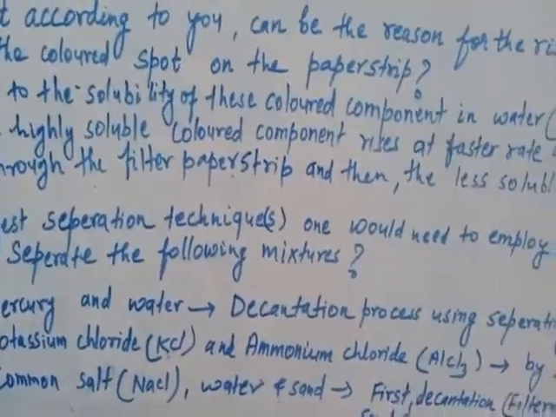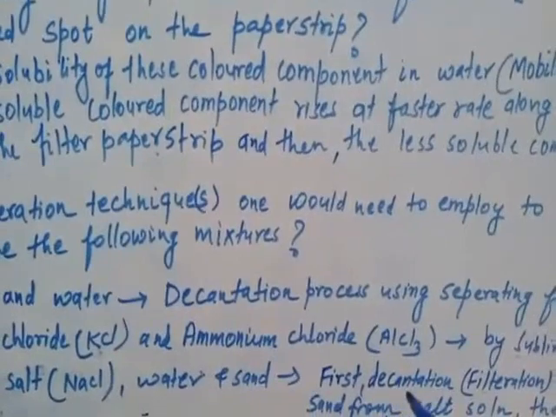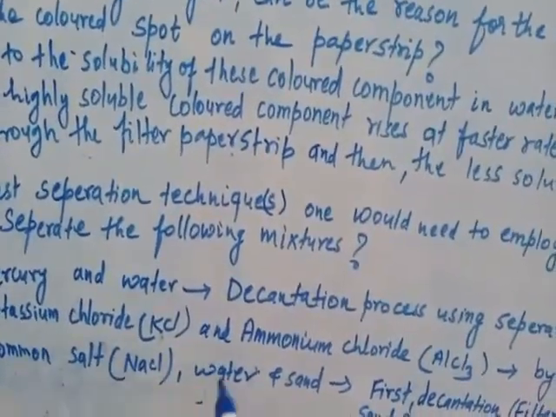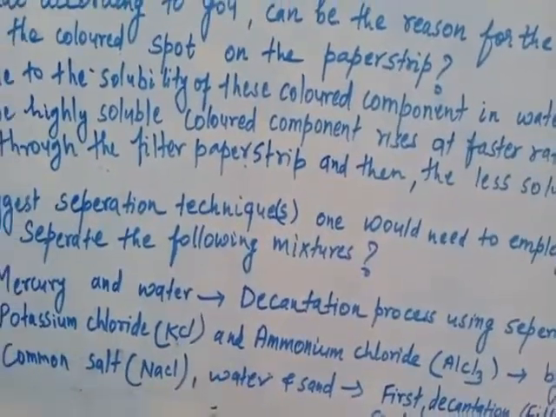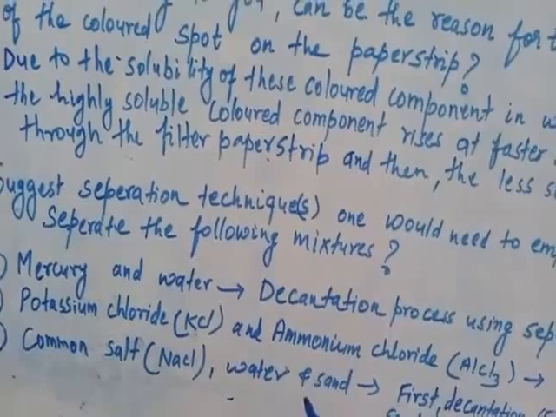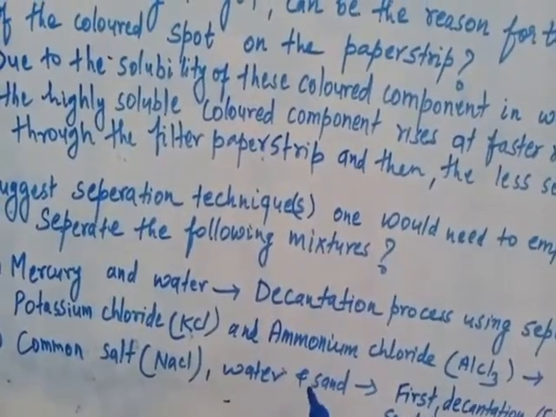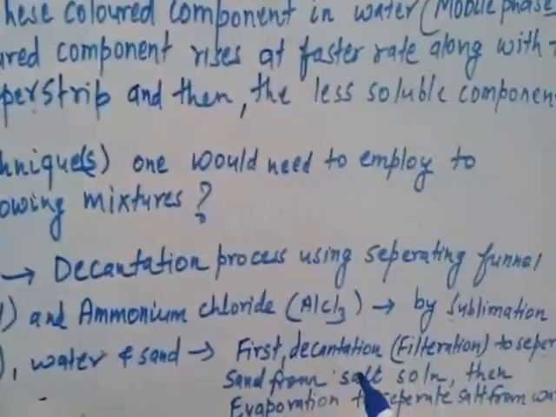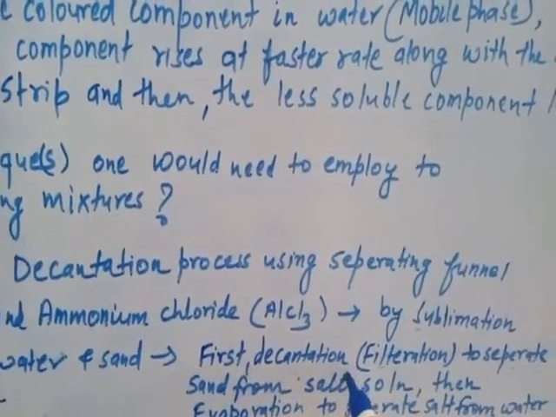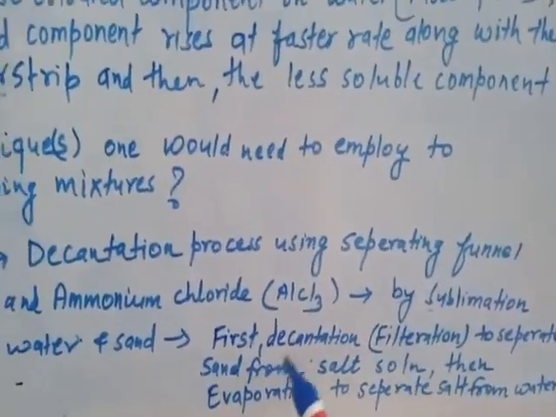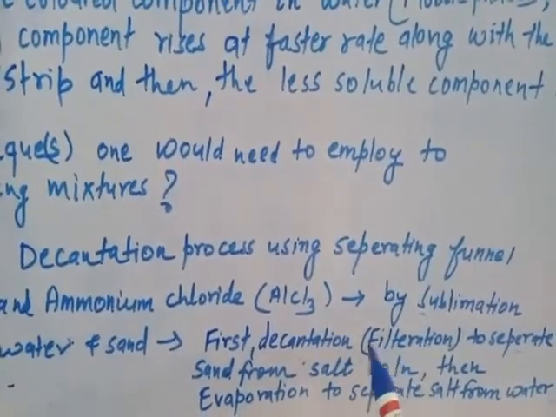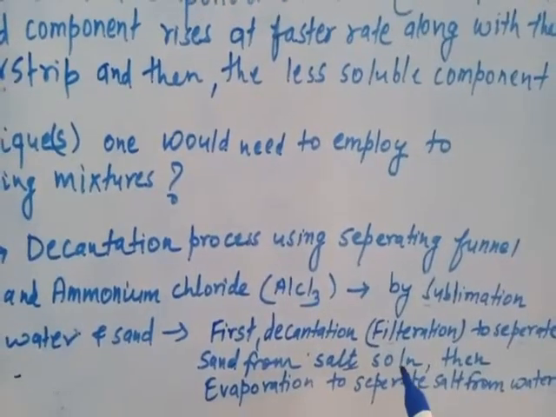Sand is much heavier, so it can be first separated out from the sodium chloride water solution, because here salt and water have made the solution, and sand is a distinct substance in the mixture. So sand can be separated by the decantation or filtration process from the salt solution.